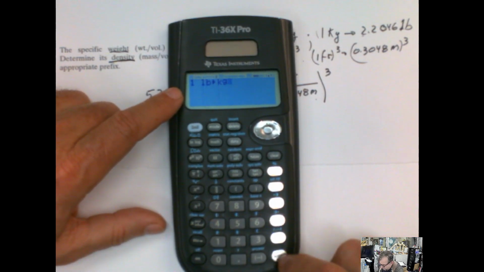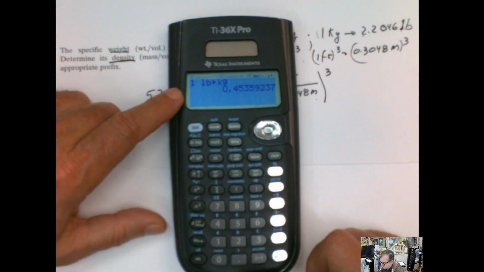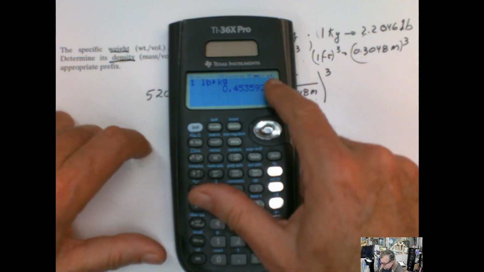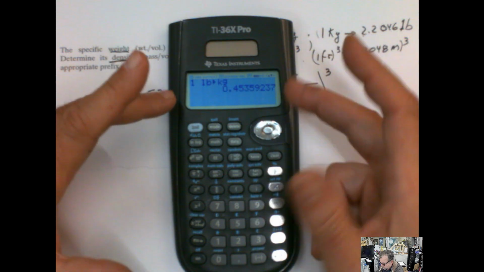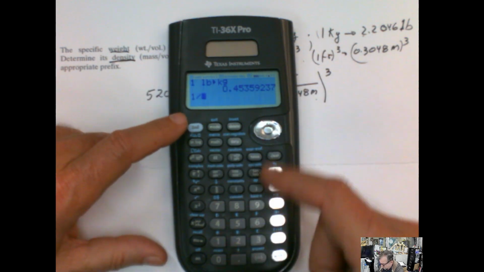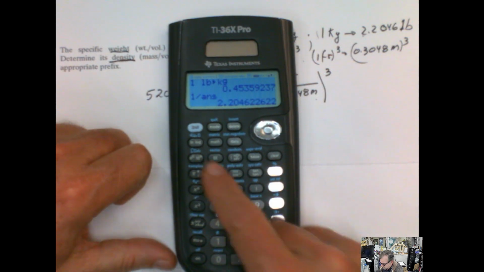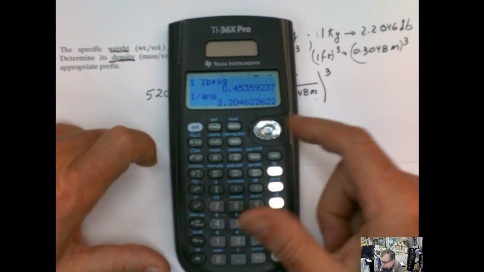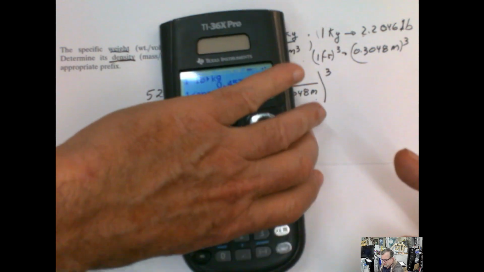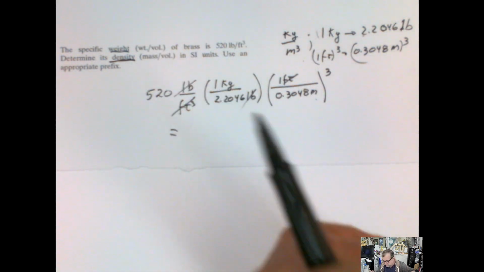There you go. 1 pound in kilogram is that. If I want to know kilogram to pound, I can use the table over there or I can just use the reciprocal of this, 2.2046, or 2.2 you can use. These are the constants, in case you forget the constant, which you shouldn't.